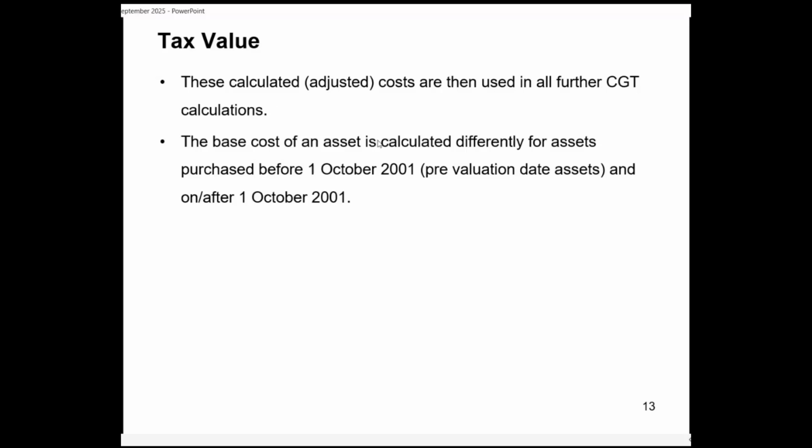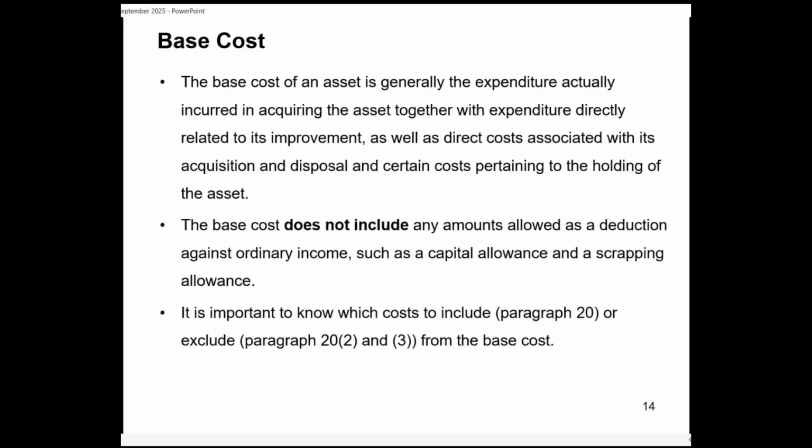The base cost of the asset is calculated differently for an asset purchased before 1st October 2001, which is a pre-valuation date asset, and after 1st October 2001. So the base cost of an asset is generally the expenditure actually incurred in acquiring the asset together with the related expenditure. At this level, you will be expected to calculate the base cost.